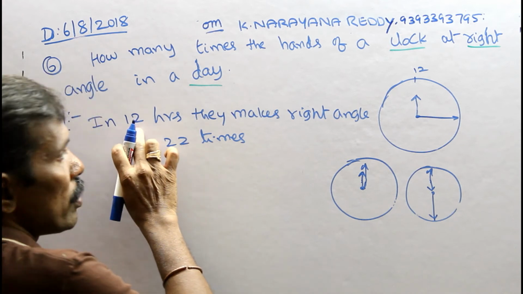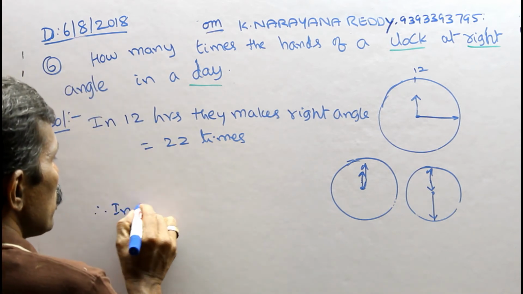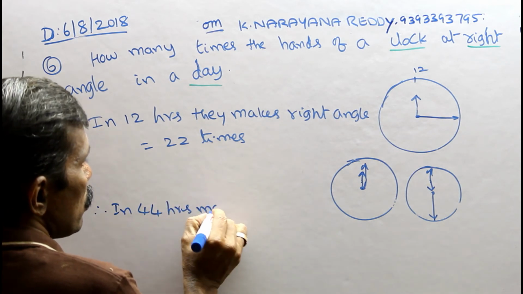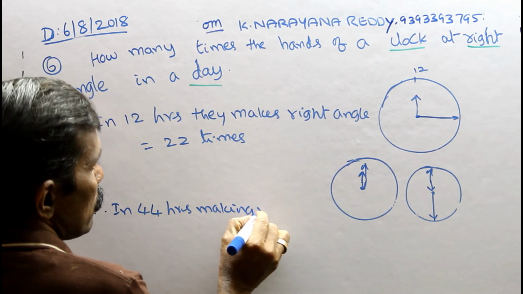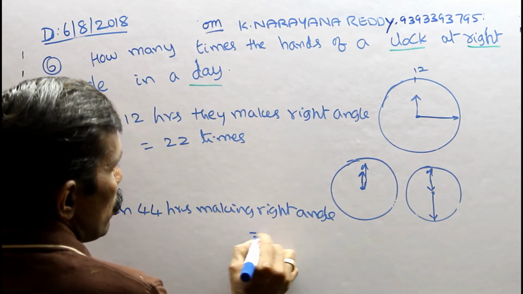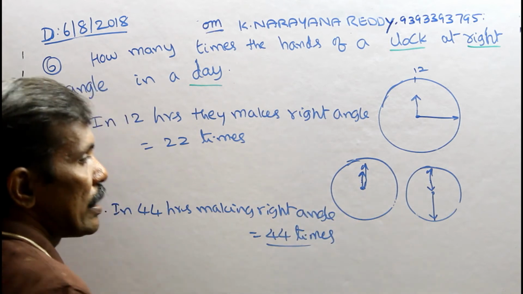So this is in 12 hours. In 24 hours means what? 44 times. Therefore, in 24 hours, making right angle is equal to 44 times. That's all. That is the answer.